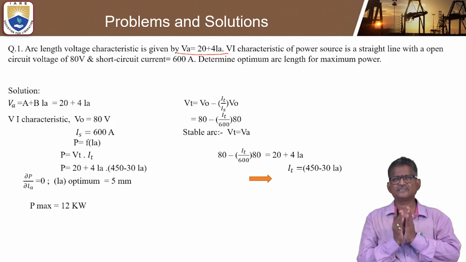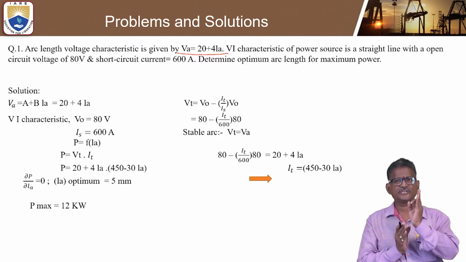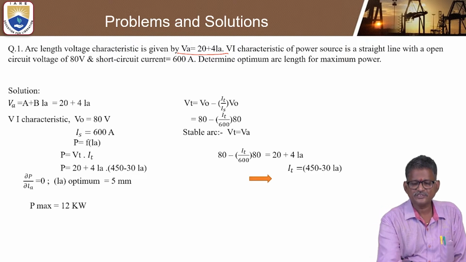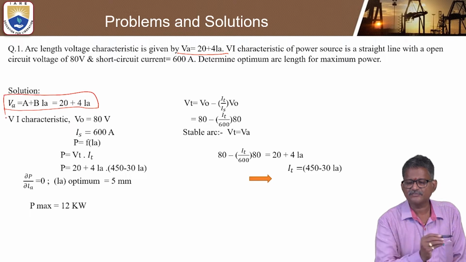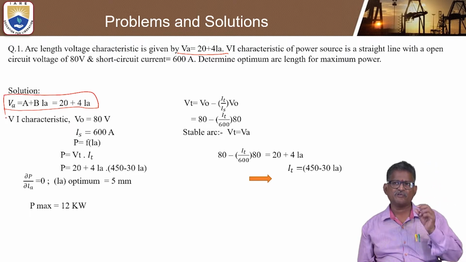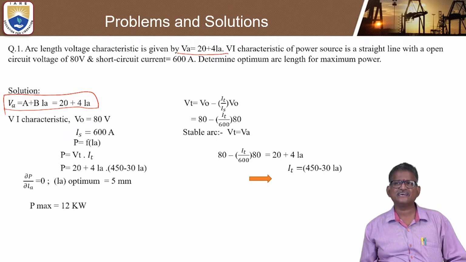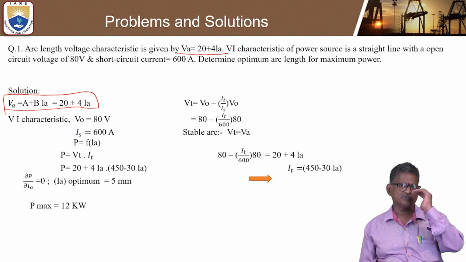Look at the arc length voltage characteristics, given by V equal to 20 plus 4LA. This is called the VA characteristic curve. Our power source is a straight line. Obviously, when it is a straight line, how do you determine the open circuit?